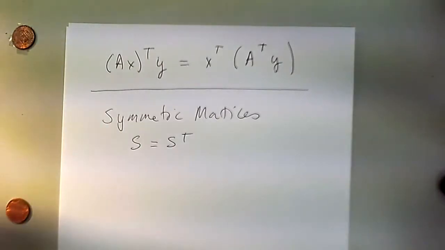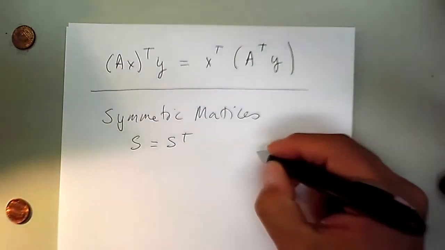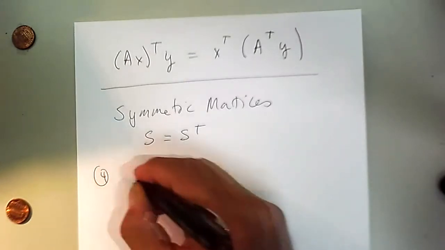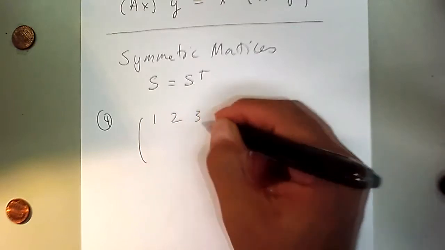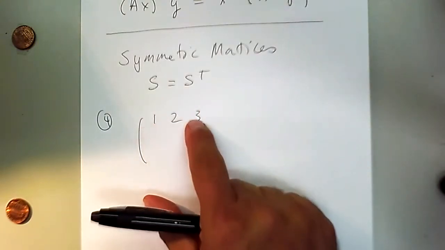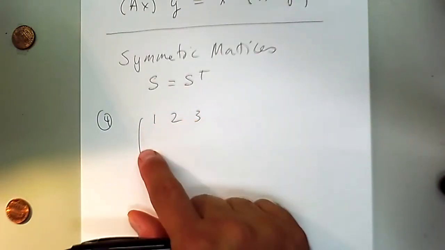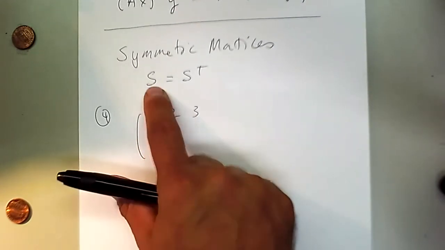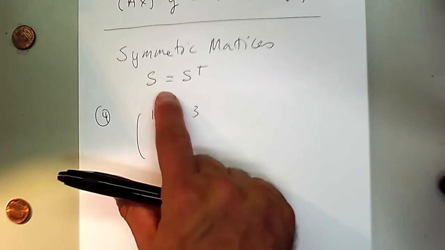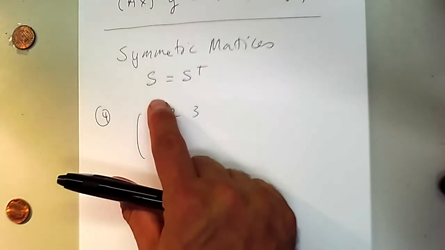And again, I want to keep track of the example number. So we did number 3 last. So as an example 4, if you have a matrix 1, 2, 3, now this has to match its own column. This first row has to match its own column because that is the very definition of a symmetric matrix.